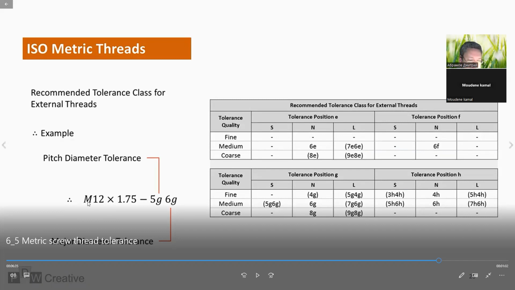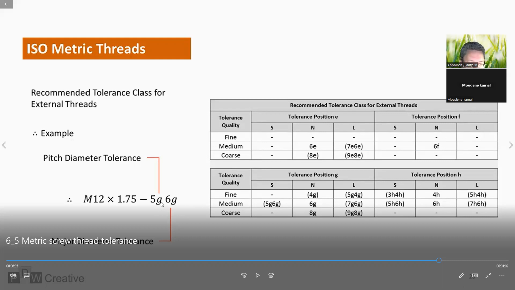Write down these metric threads. So M12, its diameter and pitch 1.75. It's 5G, the pitch diameter tolerance, and 6G, the major diameter tolerance.